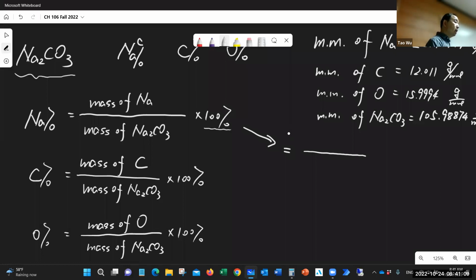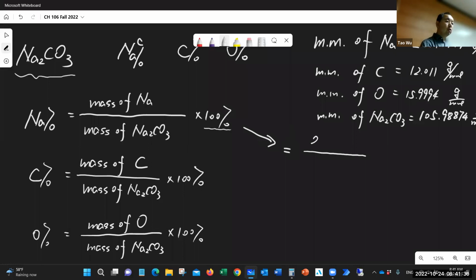You have to see how many sodiums are in the formula. We have 2 sodiums, not just 1. So you're going to times 2 as the total mass of sodium. The number times 2 or times 3 or times something really depends on how many atoms of those elements are in the formula. So now, sodium has 2 sodiums.